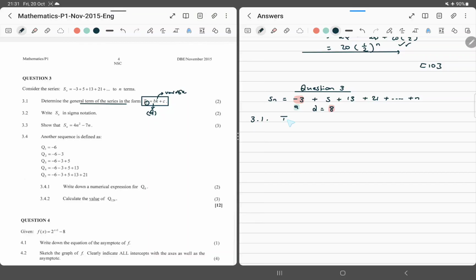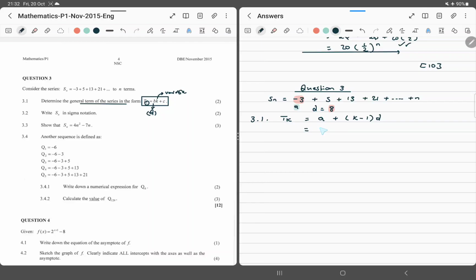We know that TK is essentially going to be equal to A plus K minus 1 times D. Instead of D, we put a B there. But it doesn't really matter. We can put a D, it's not a big deal.